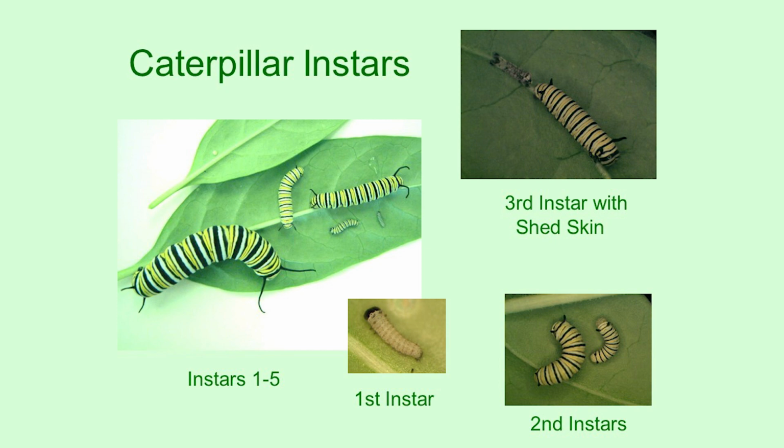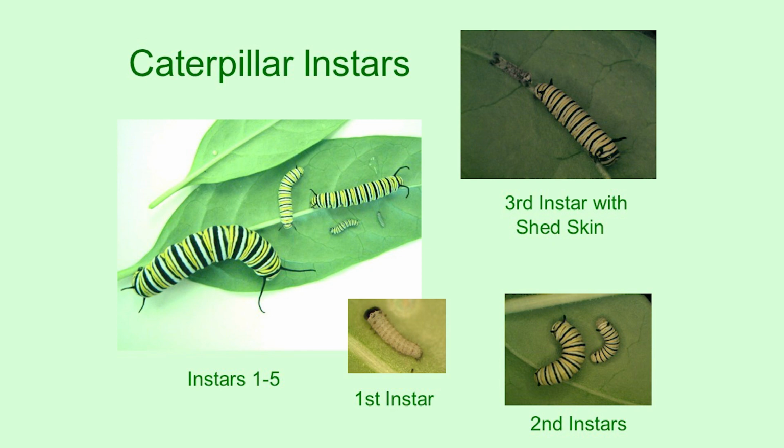In the top right, you can see the dark spot behind the caterpillar is the skin that the caterpillar has just shed. And you can't really tell necessarily by size what instar you have. The first instar you can tell from the others because the head is black and all the others are striped.